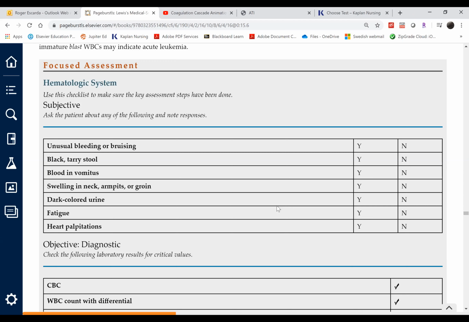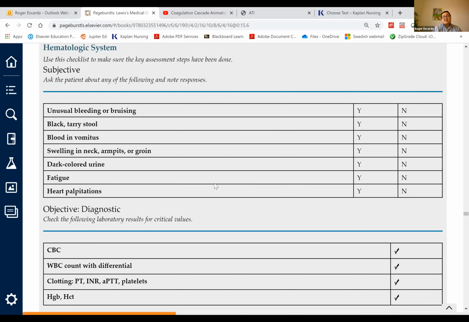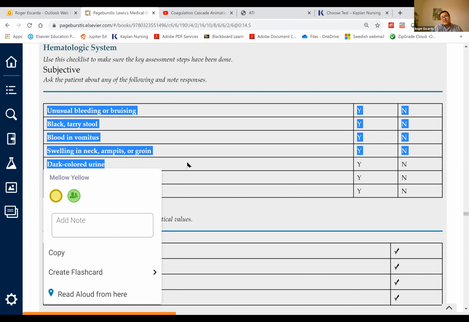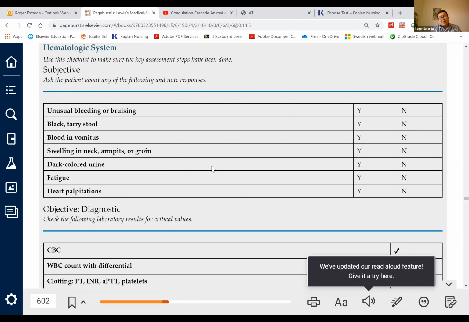And other questions: is the patient losing blood? Is it acute or chronic blood loss? So this would be signs, obviously, of bleeding. And fatigue is a general common symptom of anemia. You just don't have any energy because there's no oxygen transport.